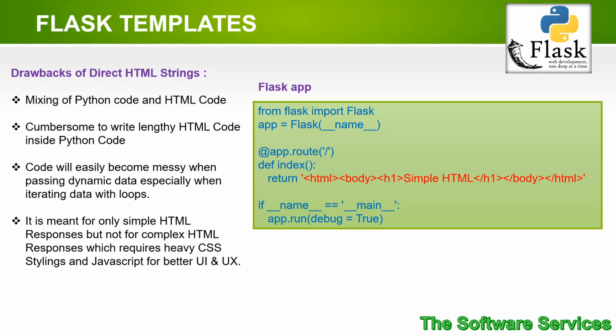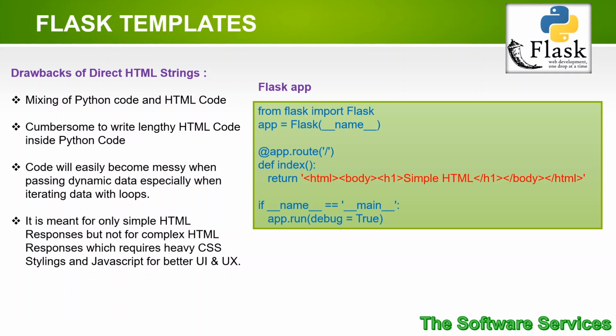If the code gets mixed up, for simple applications it is okay, but if it is a complex application that spans thousands of lines of code, then some chunk of 20 30 lines of HTML will be present at some parts of that code.